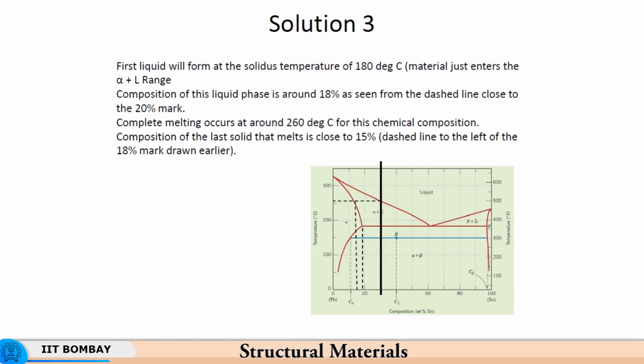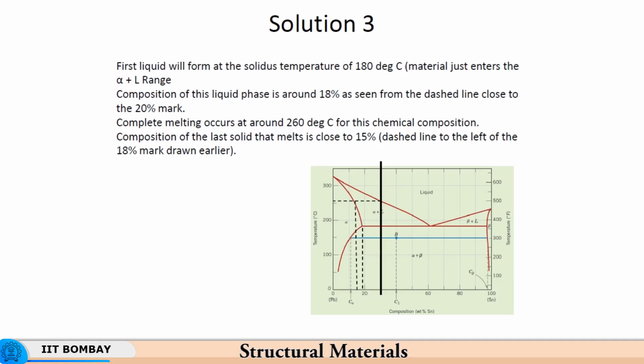If we were cooling this material, if you had, let us say, 30% of tin in lead, then as we cool down, the first solid that would appear would have the same composition of 15% of tin, and then that will go on getting enriched. So, as we go down the temperature line, we will have more and more enrichment of the solid in terms of tin.